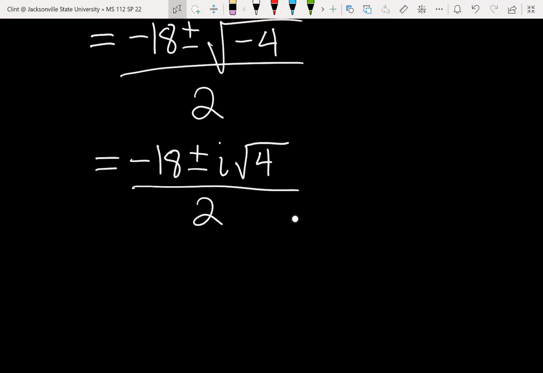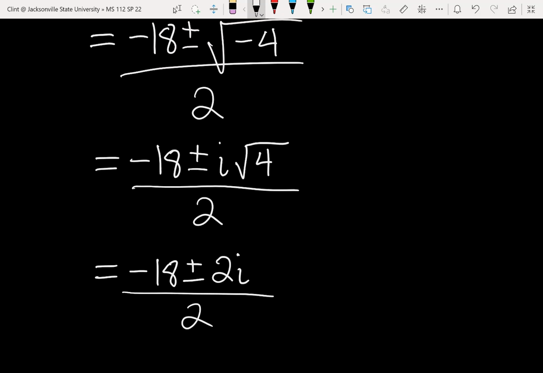Square root of 4 is 2. We got negative 18 plus or minus 2i over 2.